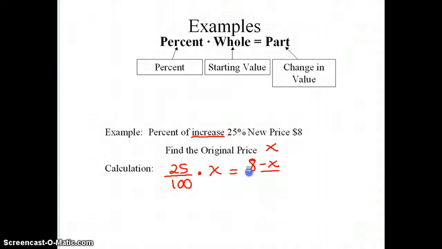I need to erase that. My change in value is 8 minus x. Now, at this point, I have 0.25x is equal to 8 minus x. At this time, you will be able to finish this on your own.